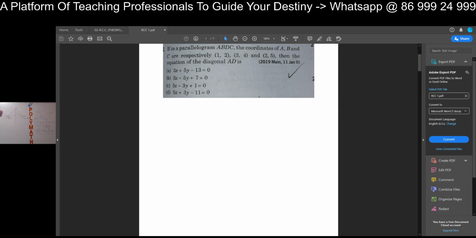Now, we need the equation of AD here. And what are the coordinates given? A is 1, 2, B is 3, 4, and C is 2, 5.